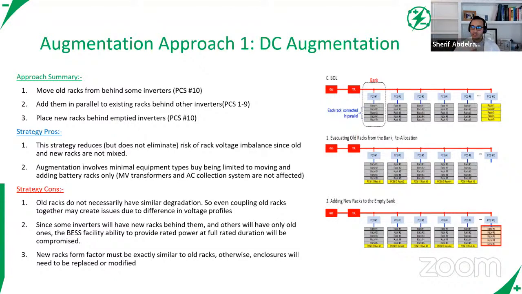One of our challenges as a utility is that we operate the grid.